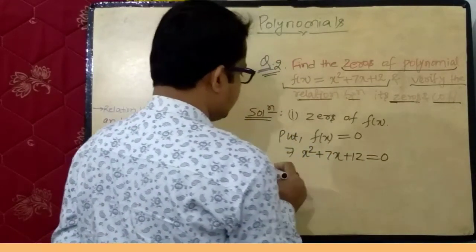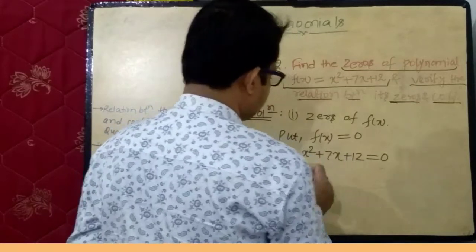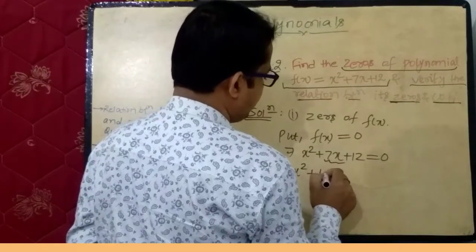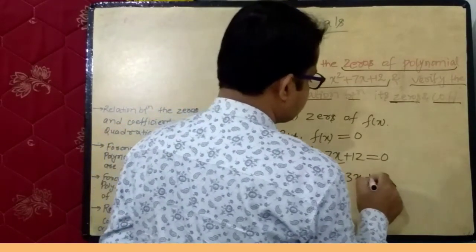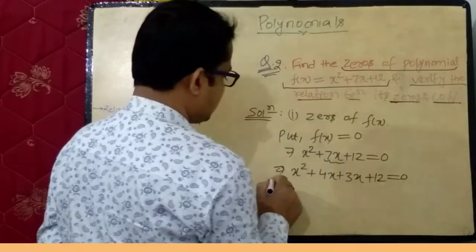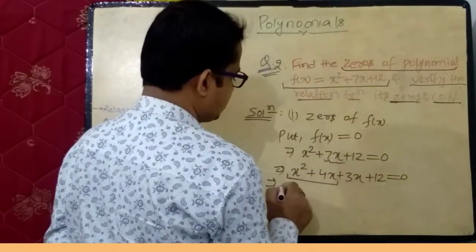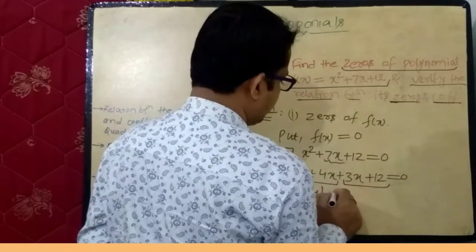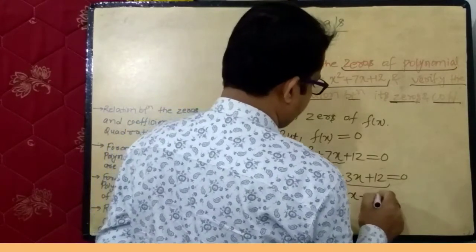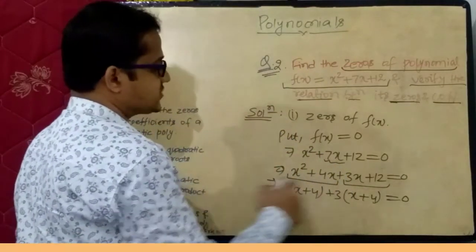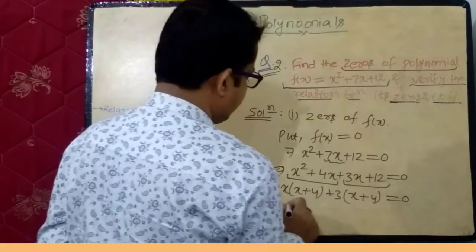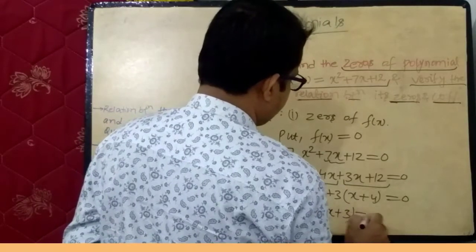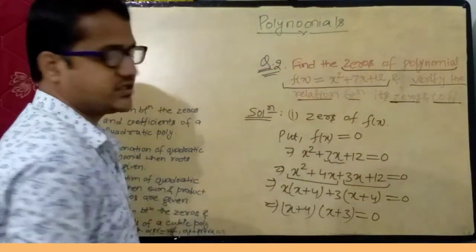Now write this polynomial in factors. Then x square add up, you can write 7x as 4x add up 3x add up 12 equals 0. Now take x common from the two terms, x add up 4, and take 3 common from these two terms, that is x add up 4. Now x plus 4 and x plus 4 are common, then take x plus 4 as a common factor and you will get x plus 4 into x plus 3 equals 0.